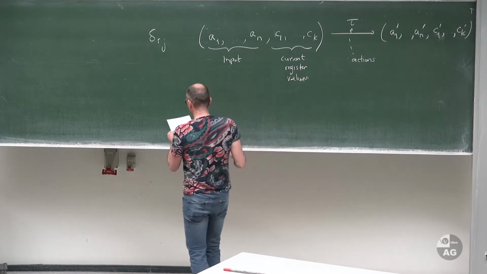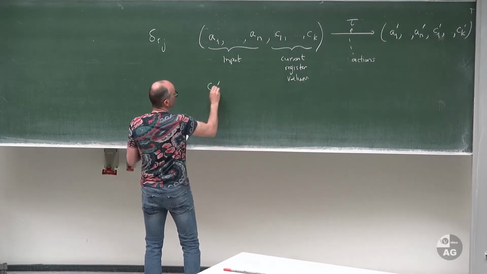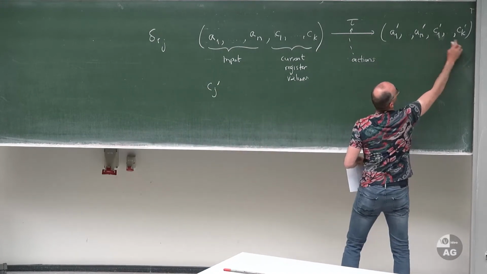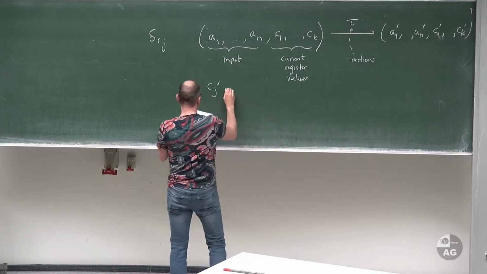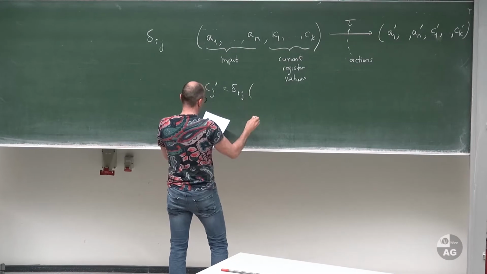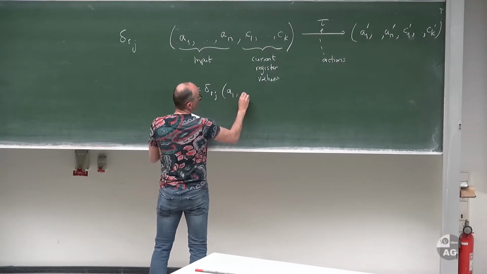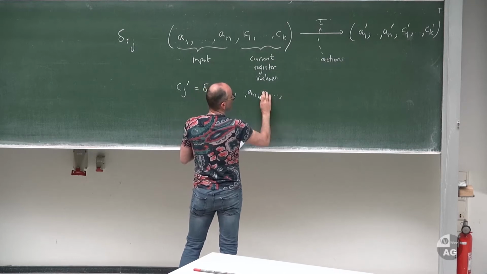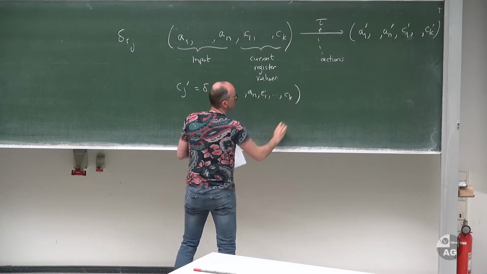And then we define what happens to those values. Cj prime is going to be delta Rj of A1 up to An, C1 up to Ck.